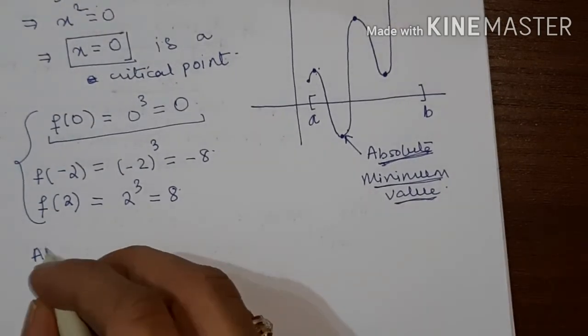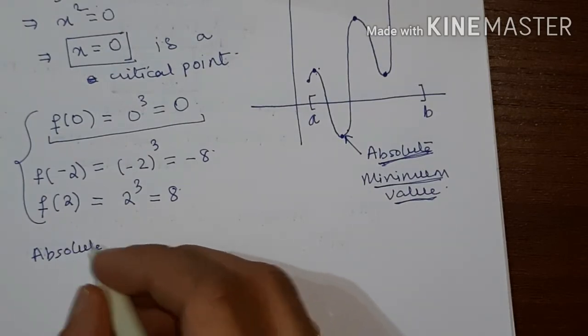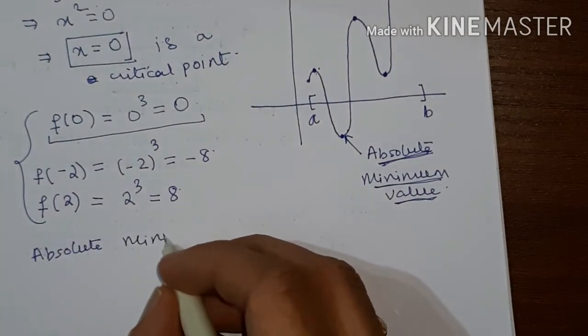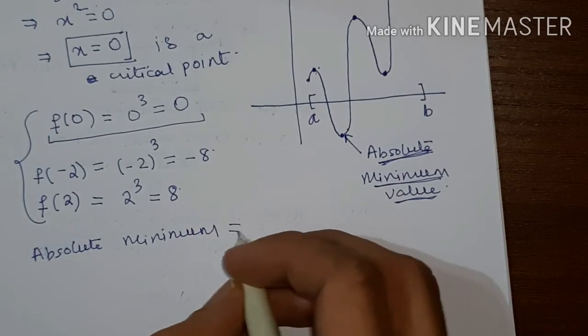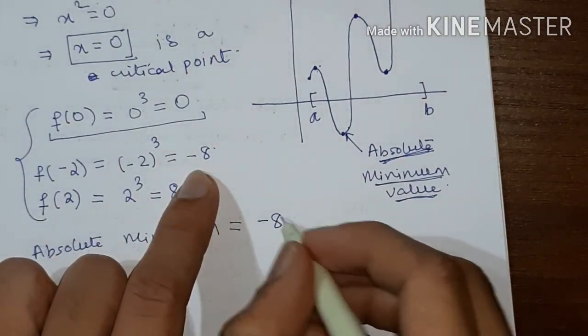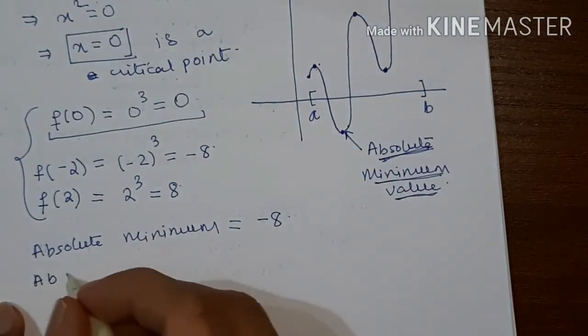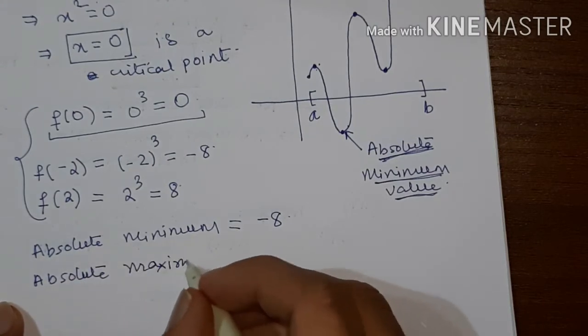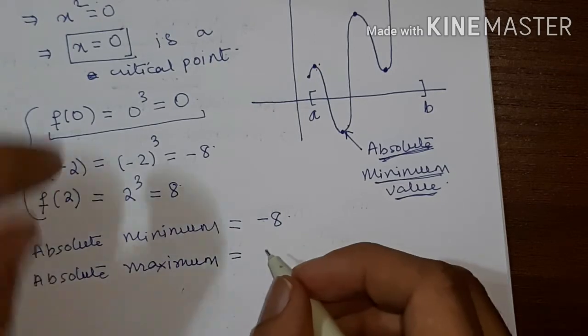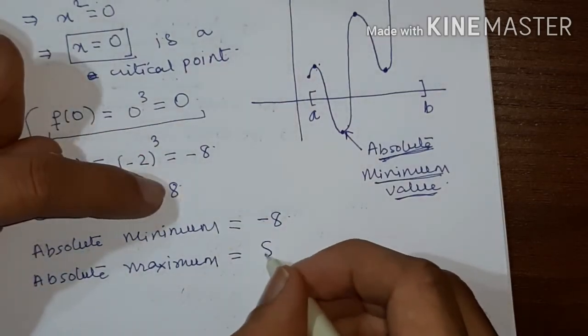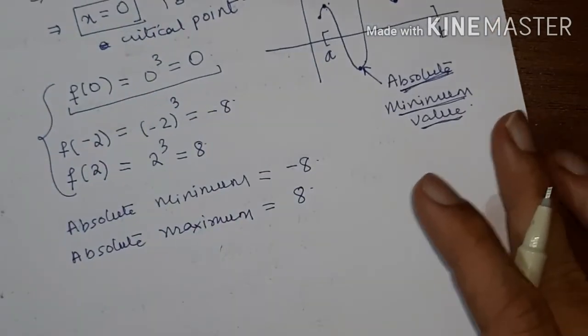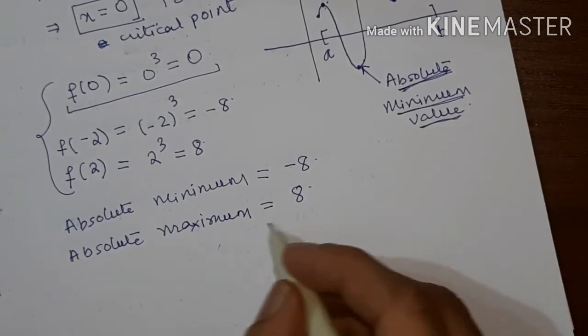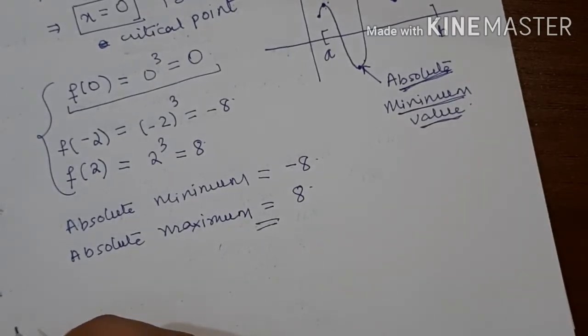So absolute minimum is minus 8, and absolute maximum is 8. So this is the answer for problem 1 of 5.